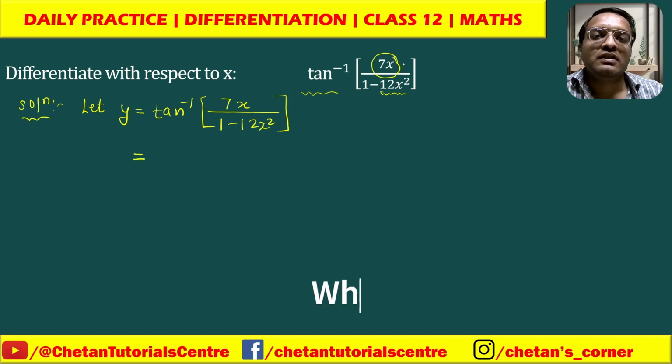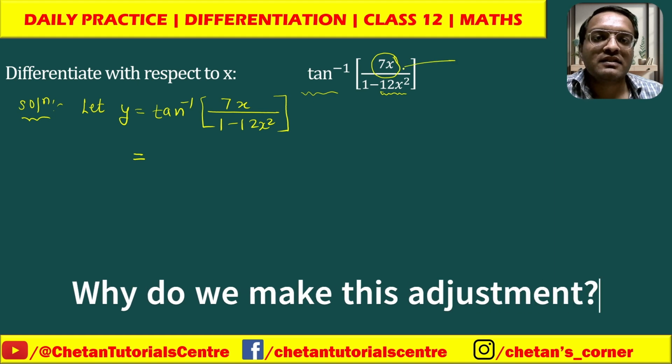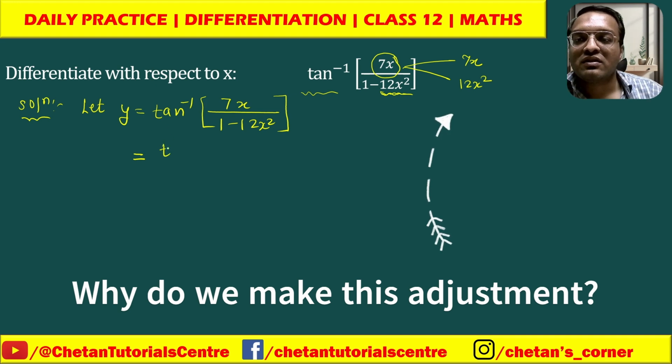Now, we have to split this 7x such that the addition of those two terms will be equal to 7x and their product will be equal to 12x square. So, I will split this 7x into 4x plus 3x.